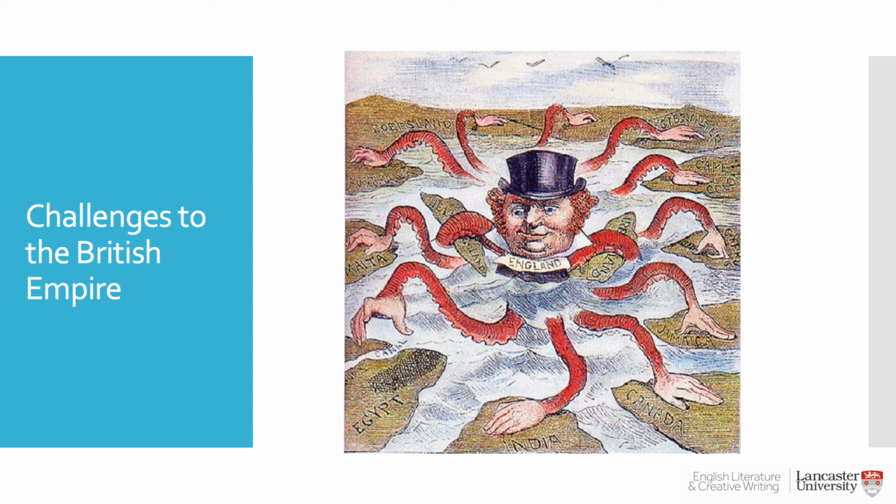This cartoon here is an American cartoon of a greedy John Bull, the symbol of the quintessential Englishman, who's been drawn with a human head and hands, but octopus tentacles grasping at many different nations. With 13 tentacles, 2 of them below the water, clinging to territory underneath his arms, he is considerably overreaching, even for an octopus.